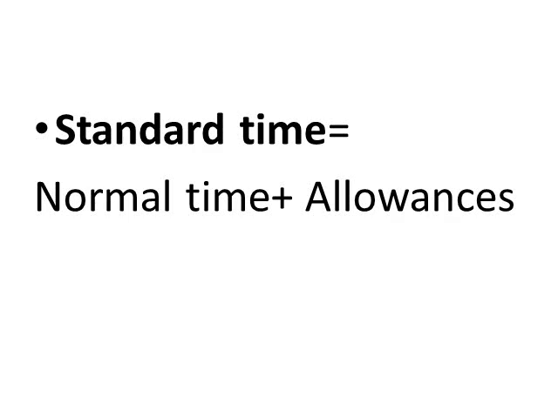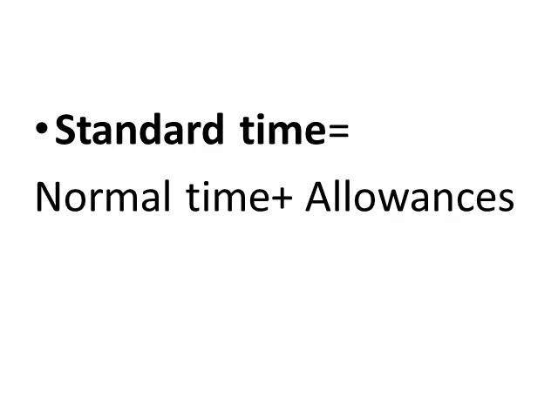So two important equations: normal time equals observed time into rating factor, and standard time equals normal time plus allowance. These are the two basic equations related to time study. Hope it is clear.